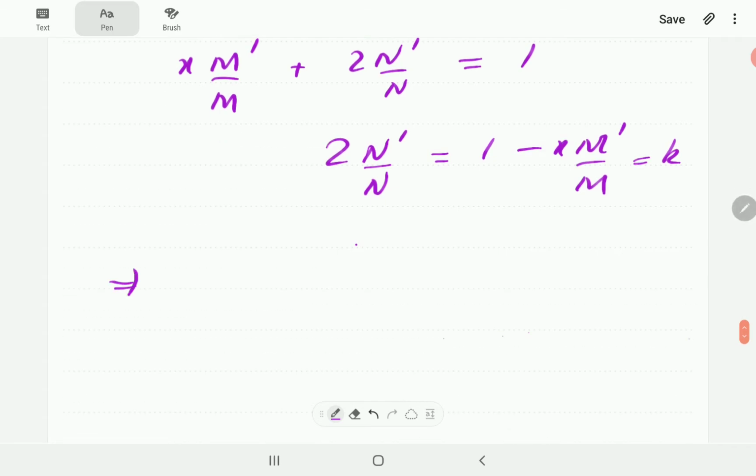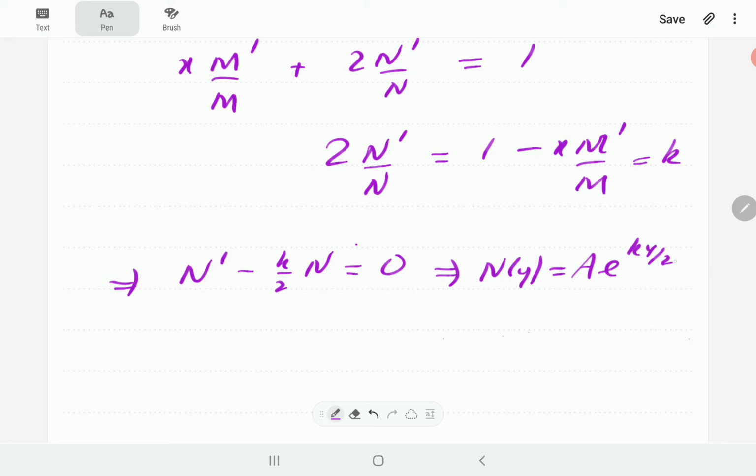Then separating those variables means that we're going to have n prime minus k over 2n is equal to 0. Solving this one using the approach of integrating factors as shown in the first example is going to give us n equals a e to the power ky over 2.